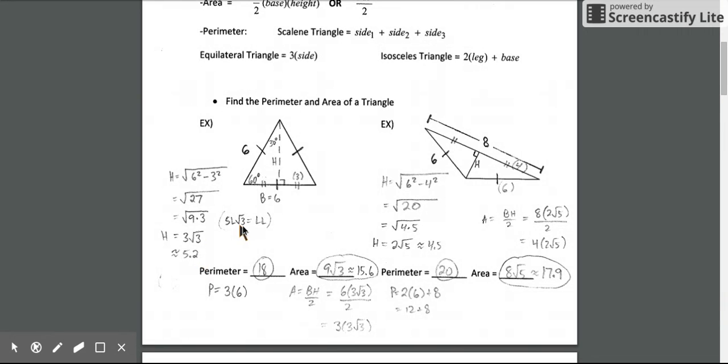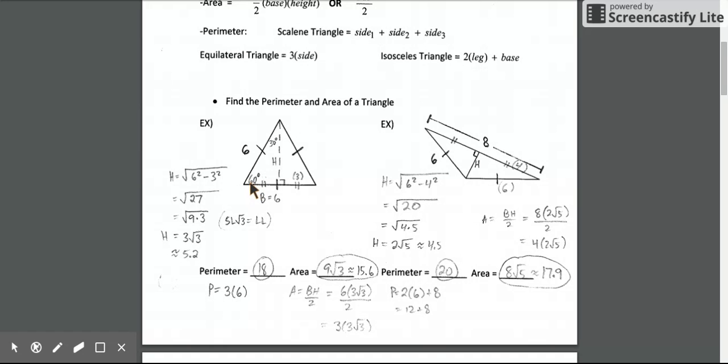We could also take a shortcut, though. Use our special right triangle properties for a 30-60-90 right triangle. Because this is an equilateral triangle, all the angles are the same measurement. If I divide 180 total degrees inside a triangle into 3 equal parts, each angle must be measuring 60 degrees.